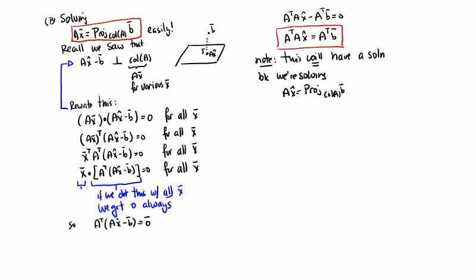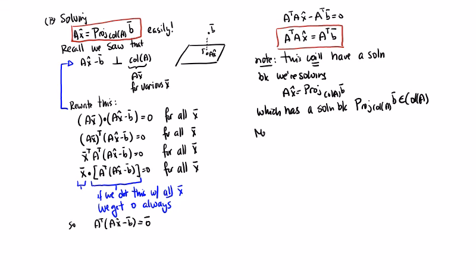And this has a solution because the projection is in the column space of A, by definition. So if it's in the column space, you will get a solution, right?